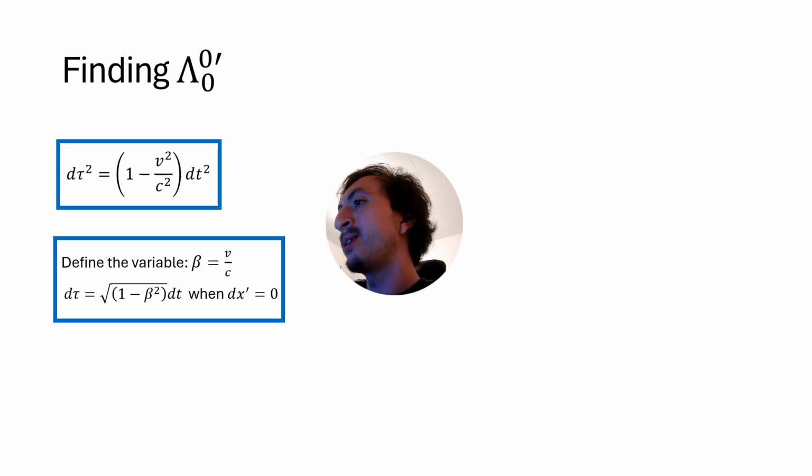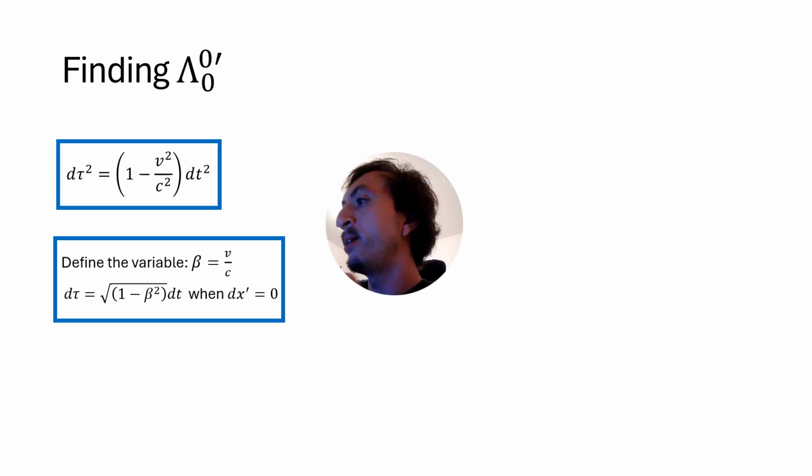It's also worth saying, to make this extremely clear, and because it's going to become a very important fact when we derive our first component of the Lorentz transform, the top left-hand component, or the lambda naught prime component if we're using index notation, that this expression we have for time dilation only works if we're assuming dx prime equals 0.